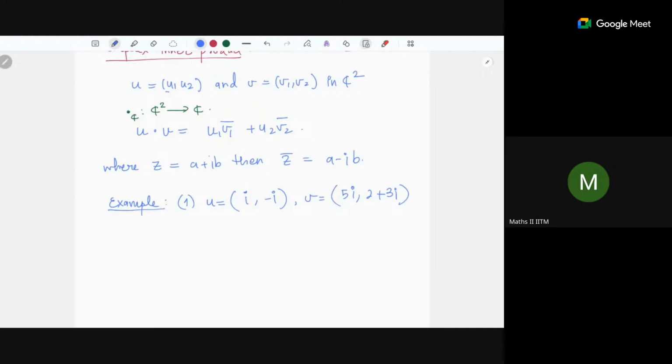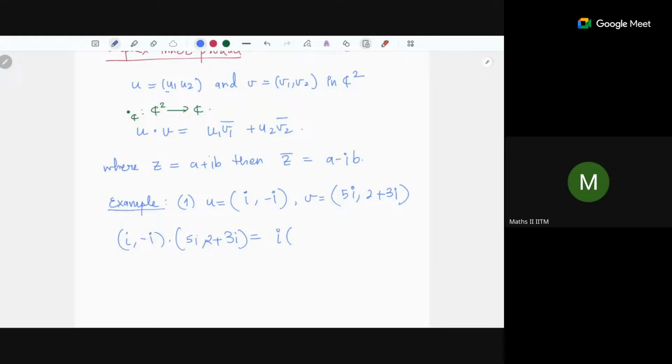So the complex dot product is equal to this: u1 times v1 bar, plus u2 times v2 bar.